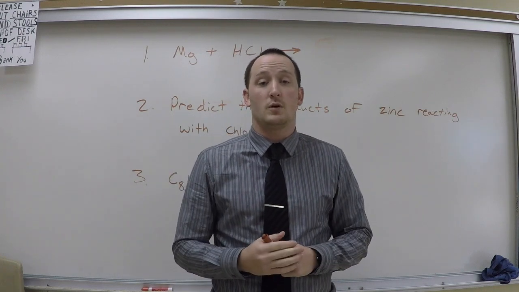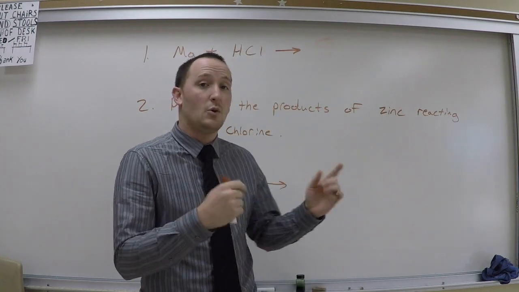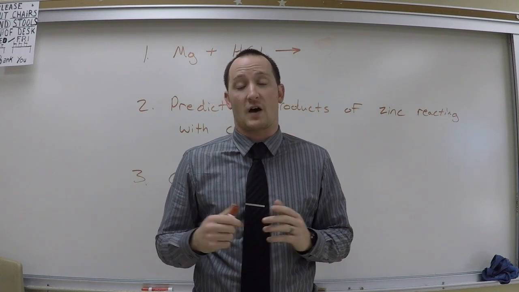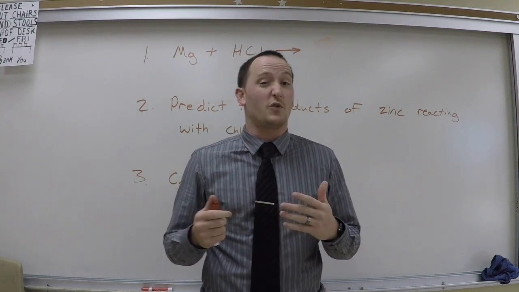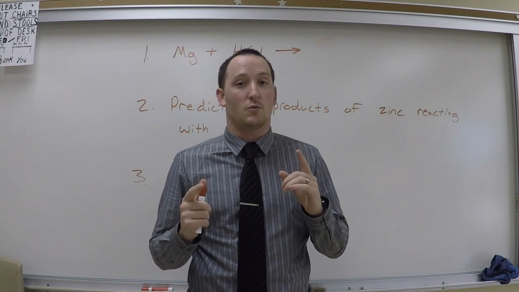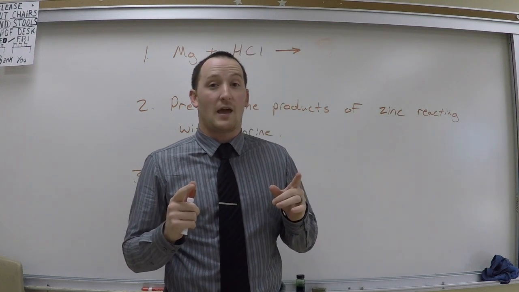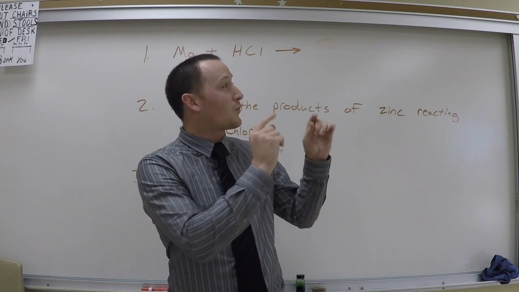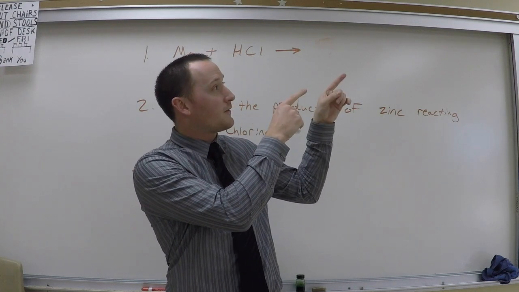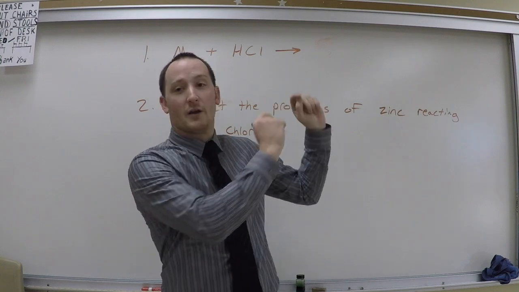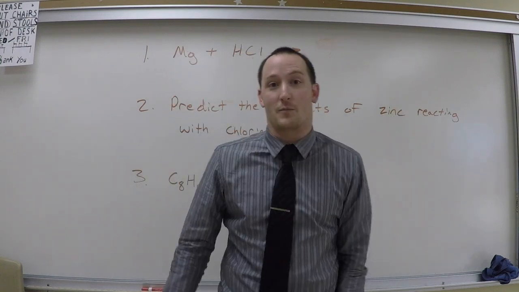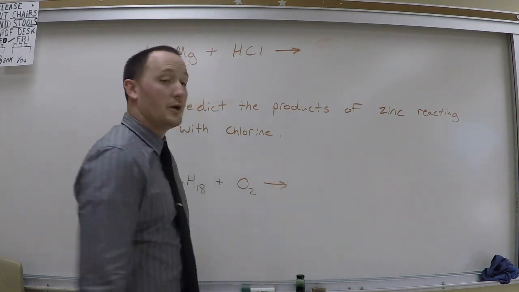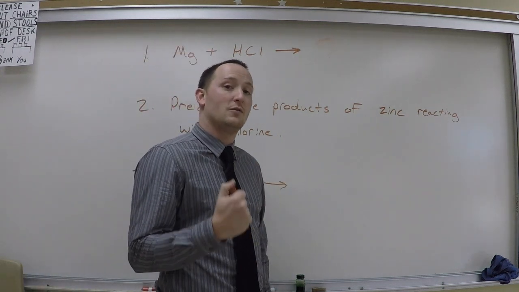Now in order to predict products, you have to know those 5 types and know the characteristics of those five types of reactions. So if you don't remember how to do that, then I want you to go back and watch that video, which if you don't remember how to find it, it's going to be right here. There it is, right there. So click on that link right up there. Then come back.